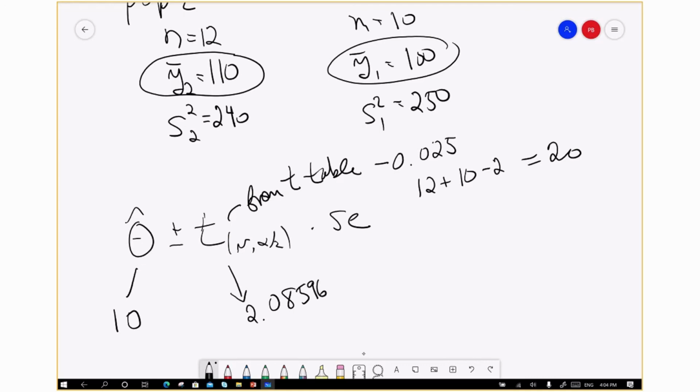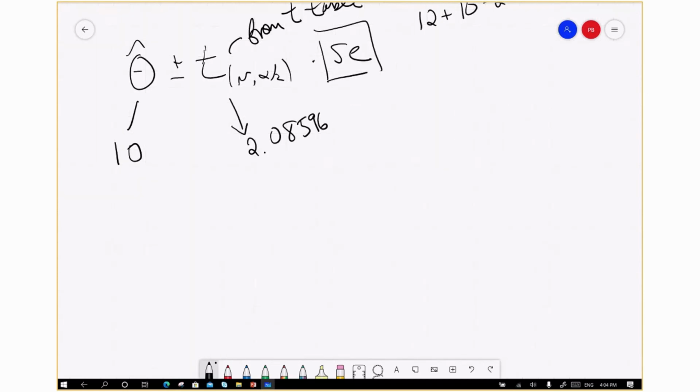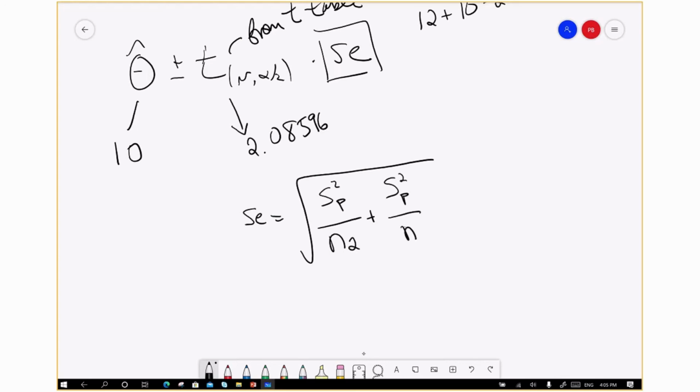All that remains is to get the standard error. So what's the standard error? Standard error, we saw, is the square root of the pooled variance divided by the number of observations in the second sample, plus the pooled variance divided by the number of observations in the first sample.